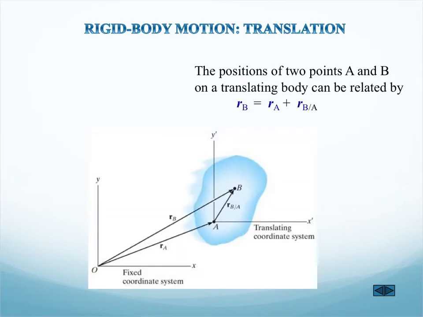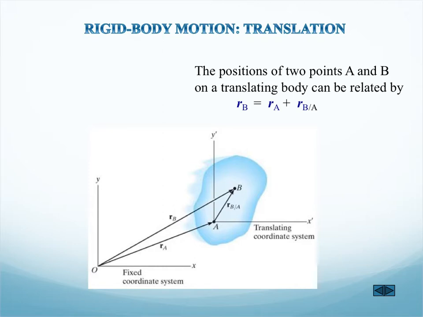Okay, so now let's learn about some relationships and how we can talk about it. Now, in this picture, this is something you might have seen before with relative motion. We have a fixed coordinate system and then a translating coordinate system that is attached to our rigid body.